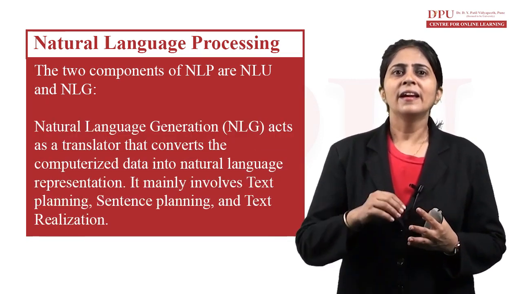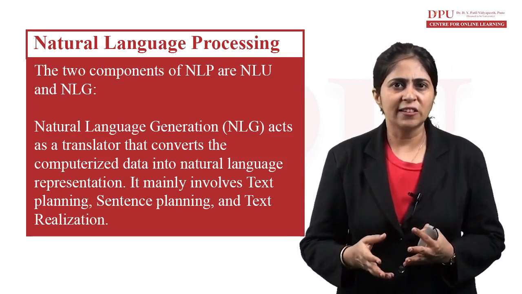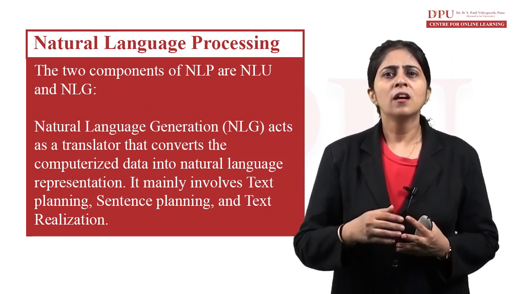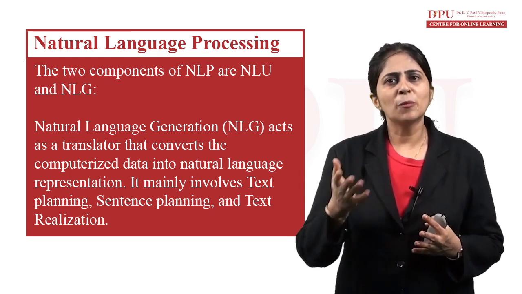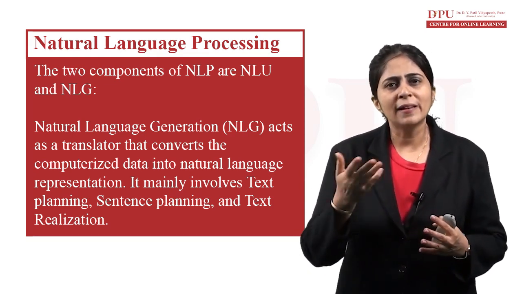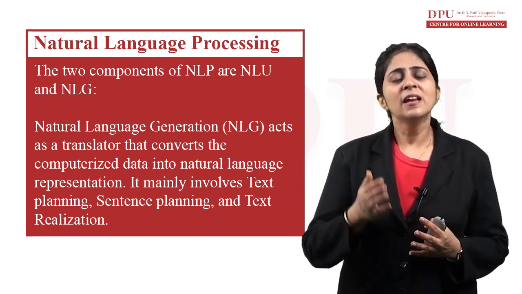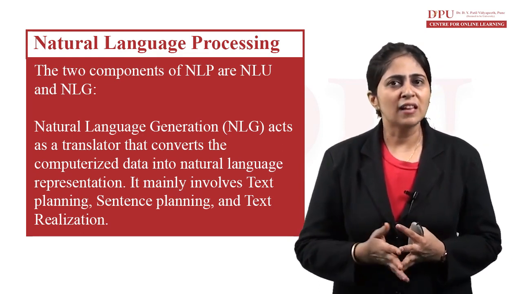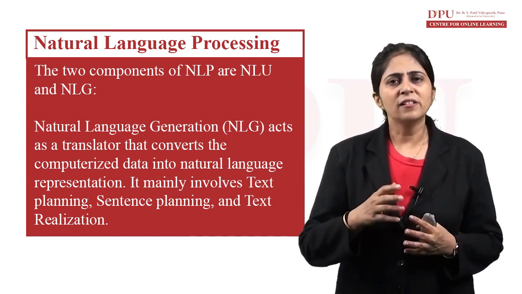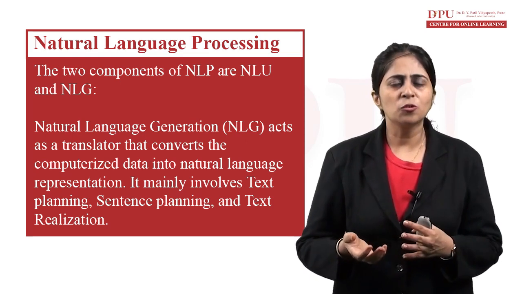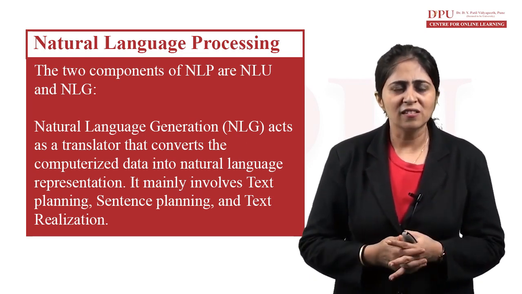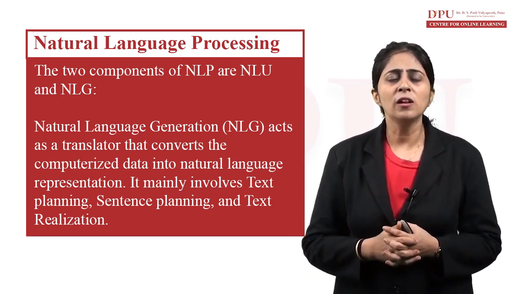Next one we have natural language generation. It acts as a translator and converts the machine data or the summarized data into a natural language representation. That means it generates natural language by understanding the different words provided to it, understanding the different sentences, making sentence planning and all.